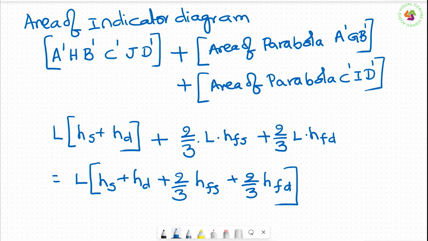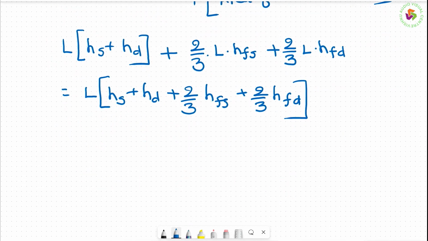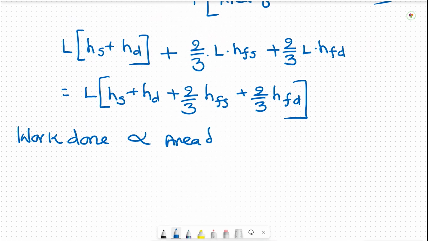The acceleration pressure head only changes the pressures. Then we know that work done is proportional to the area of the indicator diagram.